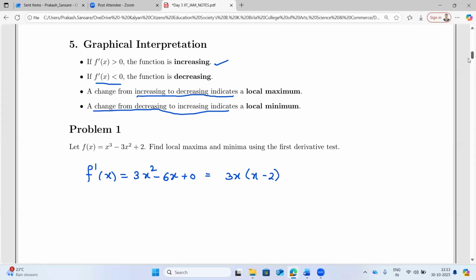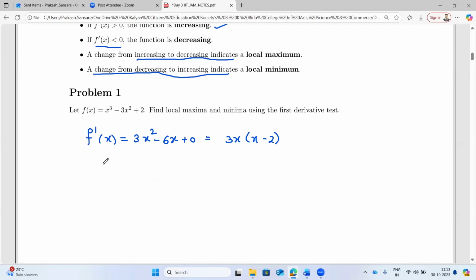Now we set f'(x) equal to 0. This implies 3x times (x minus 2) is equal to 0. This implies x is equal to 0 or x is equal to 2. So the critical points are basically here.